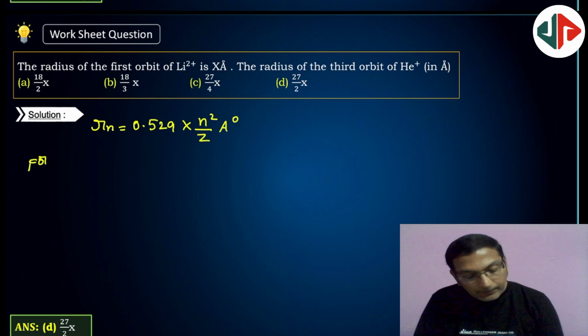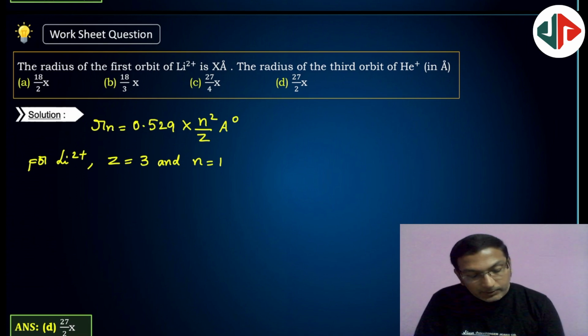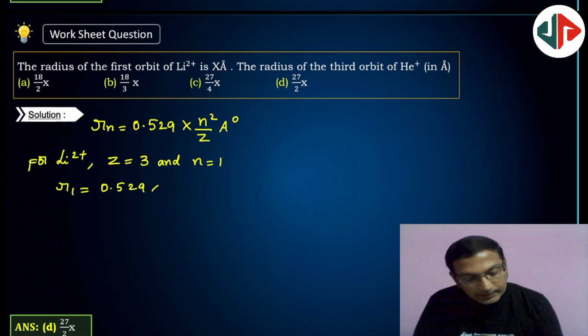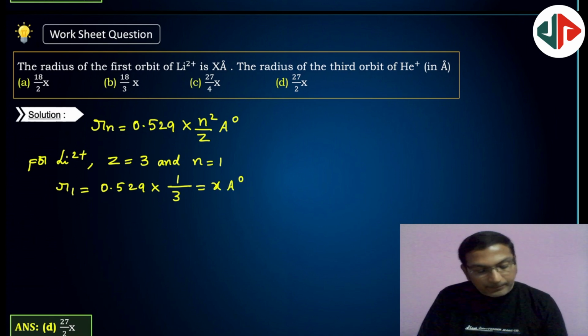So apply for Li2+. Li2+ means atomic number 3 and first orbit, n equal to 1. N is the orbit number, Z is the atomic number. So the radius of the first orbit, R1, is 0.529 into 1 square by 3, which is given as x angstrom units.